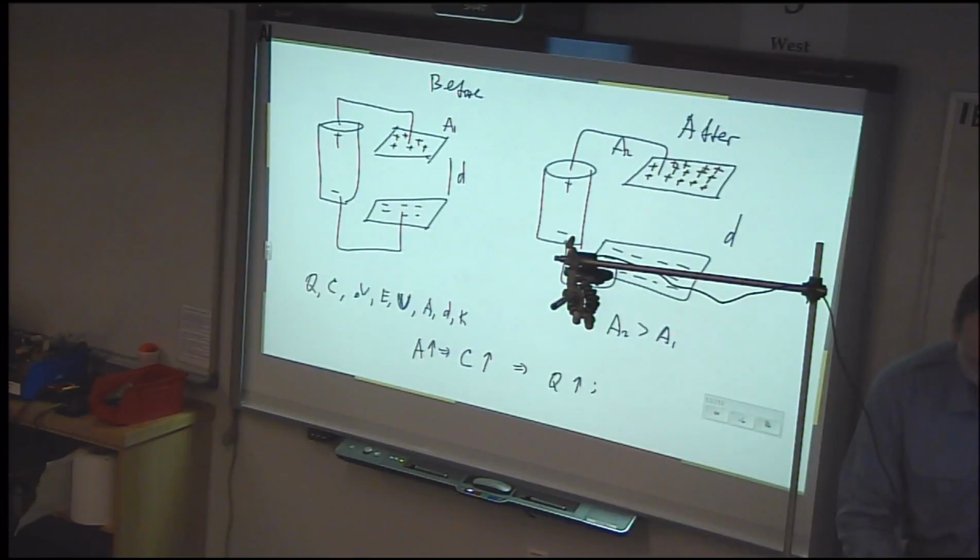All right, what do you think is happening to the voltage, which, as we know, is just potential difference? What do you think is happening? Someone from that gentleman who looked away. Yeah. What do you think is happening to the voltage?